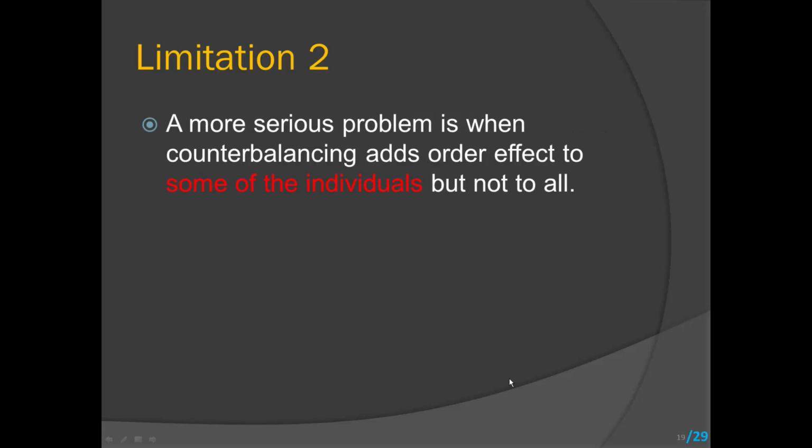The other limitation is when counterbalancing adds order effect to some of the individuals but not to all. Most of the time it's not as easy as the example I just gave you, where the order effect is 5 points for every single person. For some people we have 5 points, for some people we have 6 points, and we never know how much order effect we have.